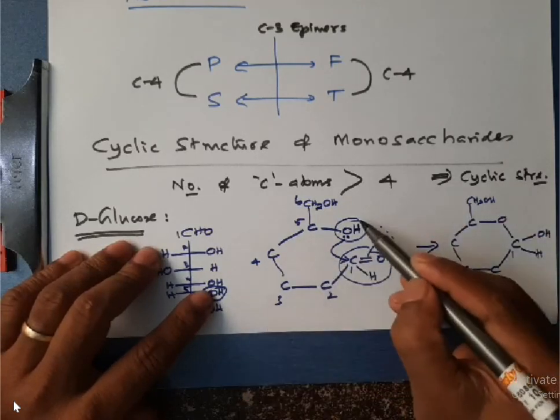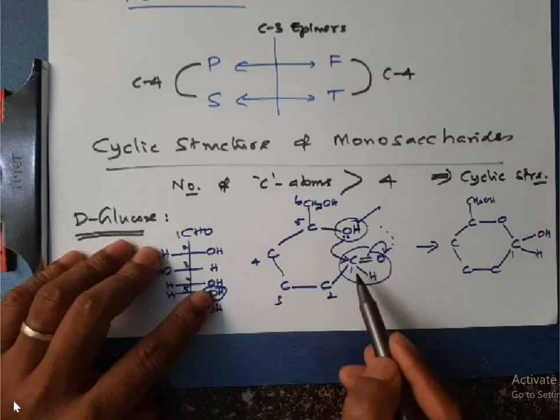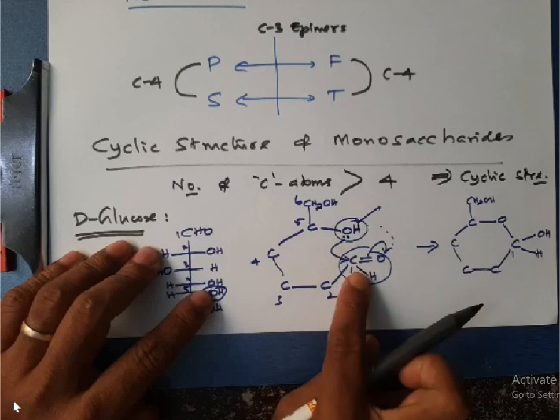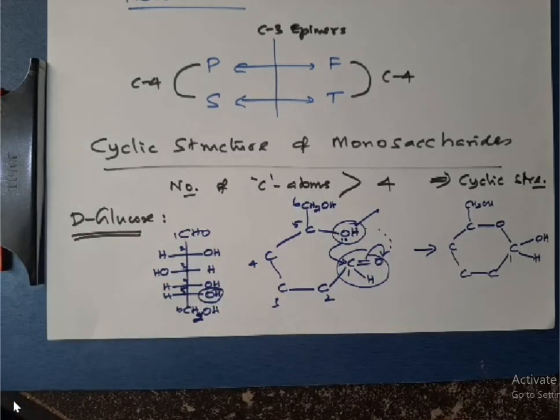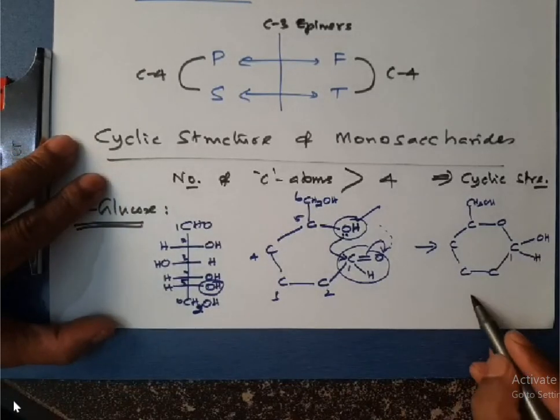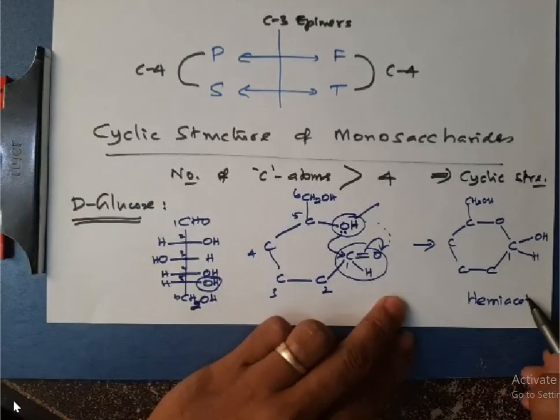Students, remember, this OH group is called the alcohol group, and this is the aldehyde group. When alcohol and aldehyde react, keep this in mind, very very important, you will get a compound called hemiacetal.